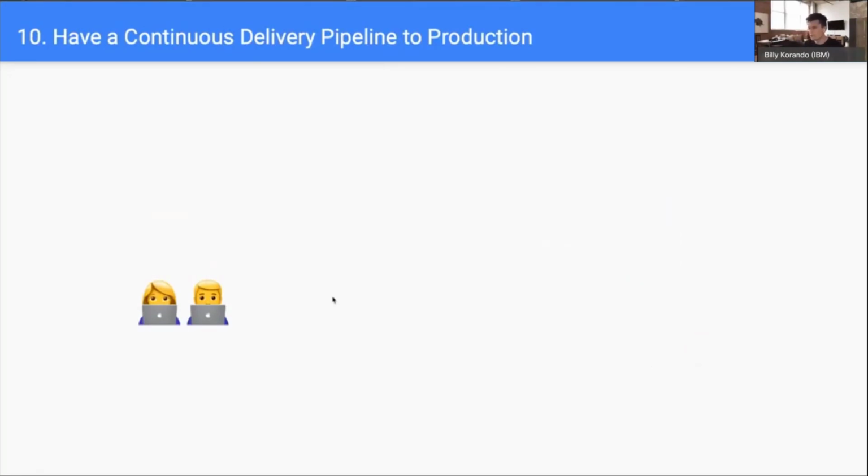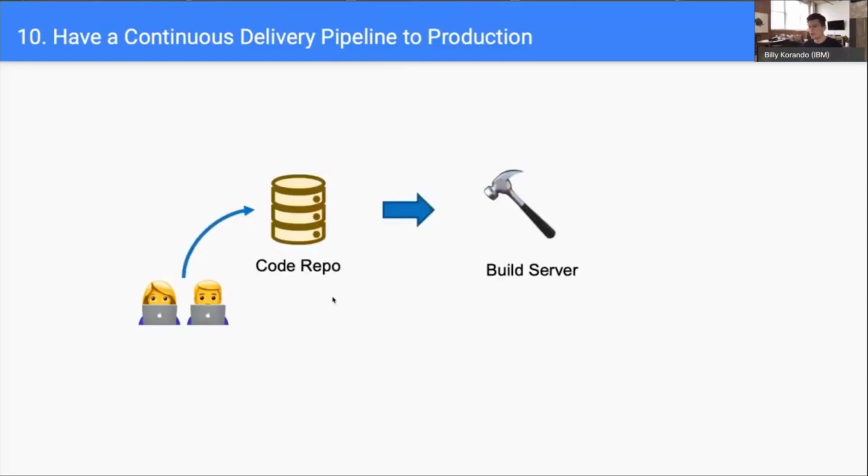So with these improvements to your automated testing, you can maybe consider setting up a continuous delivery pipeline to production. Your developers commit code to whatever your code repository is, and whenever that commit happens, that kicks off a build process on your build server. It will run through its automated checks.